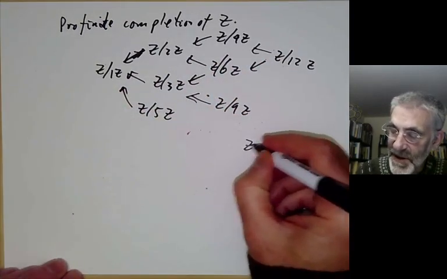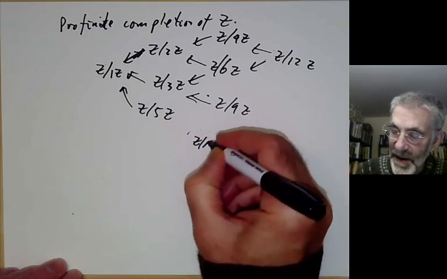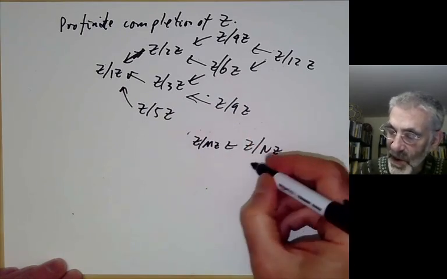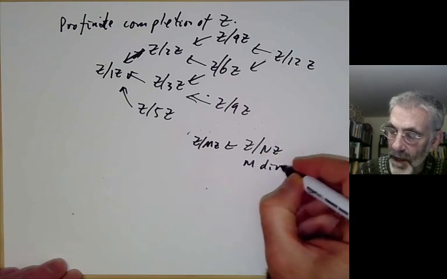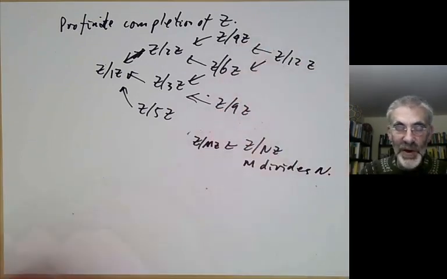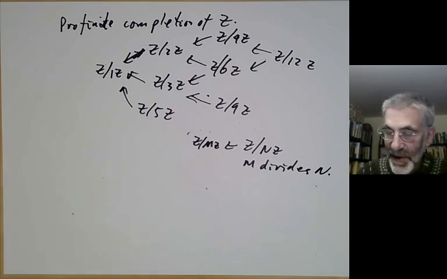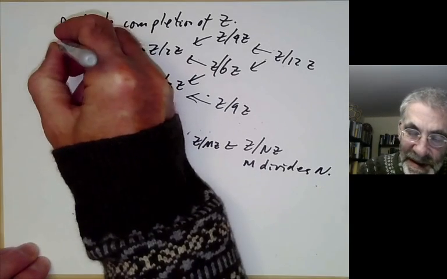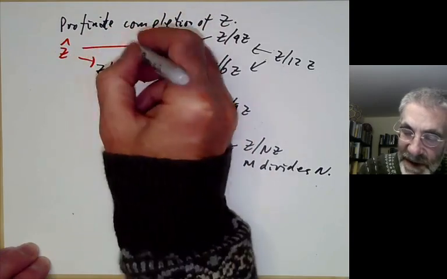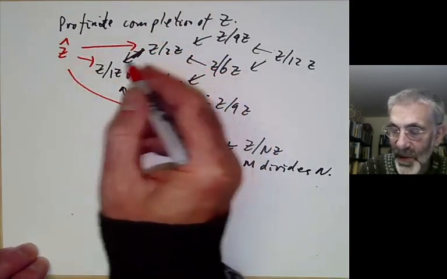In general, we have Z over nZ mapping to Z over mZ whenever m divides n. So we've got this huge infinite collection of quotients of Z, and the inverse limit is going to be a universal thing mapping to all of them, and it's usually denoted by Z hat, so it maps to all of these, and all these triangles commute.